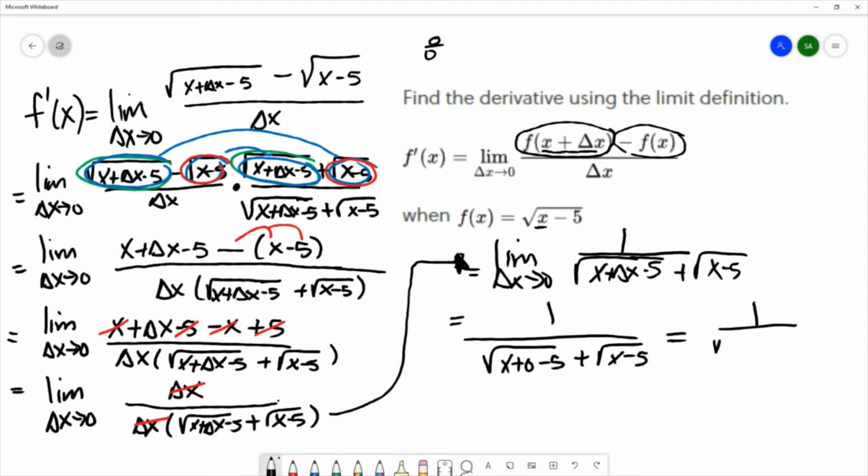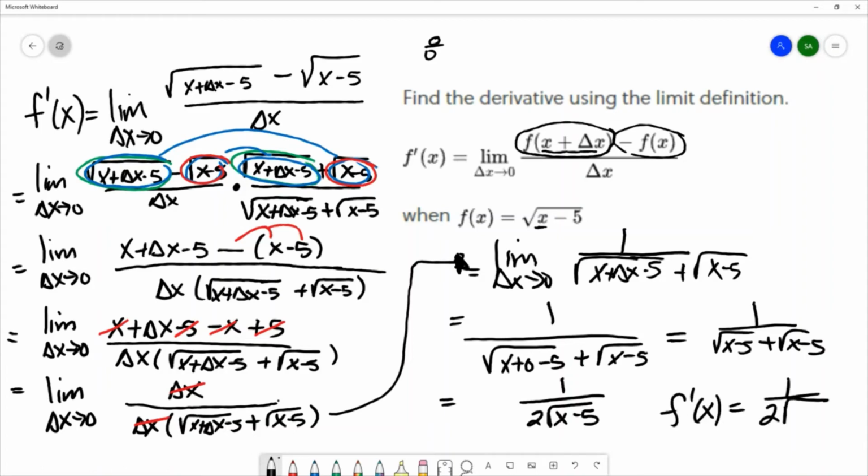And we have 1 over square root x minus 5 plus square root x minus 5. Those are like radicals, and we can combine them together. That's 1 over 2 square root x minus 5. So we have the derivative calculation to be 1 over 2 square root x minus 5.